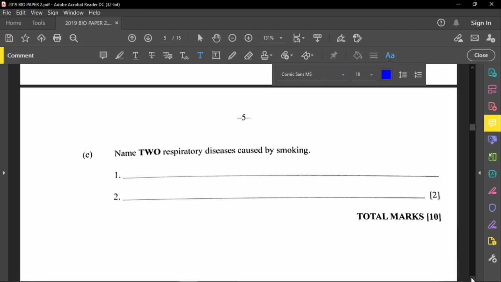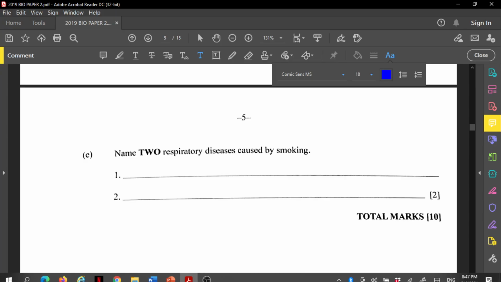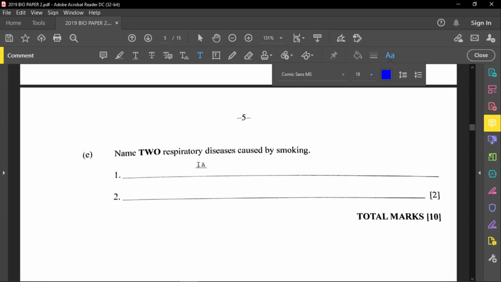It said name 2 respiratory diseases caused by smoking. Smoking could cause a number of things. One of them could be bronchitis, so let's write that in real quick.